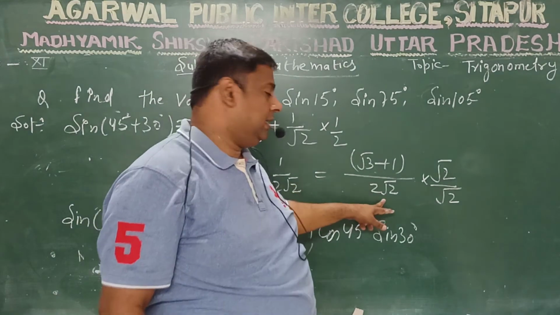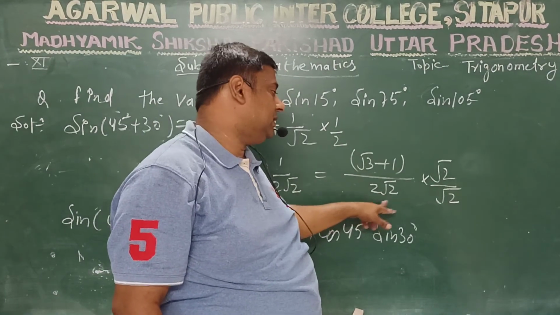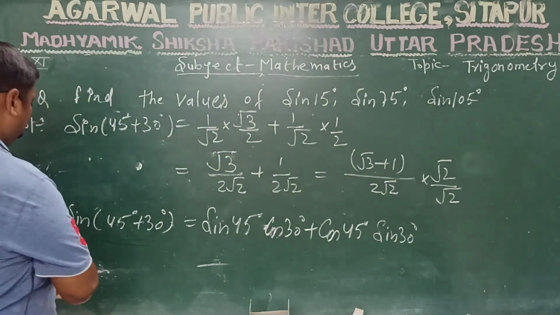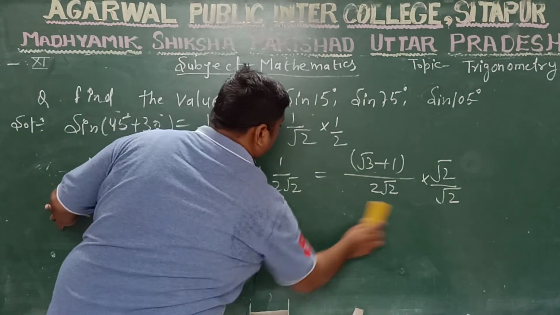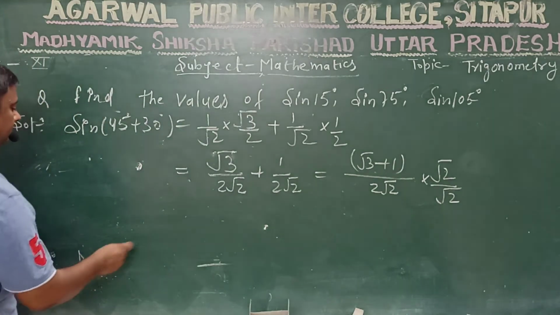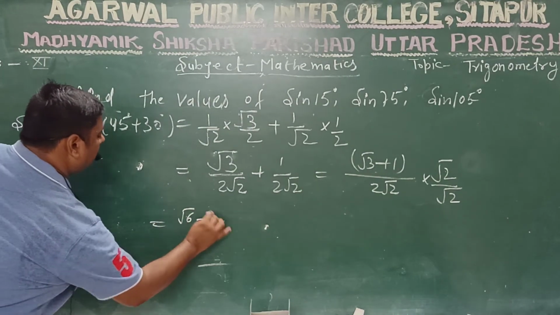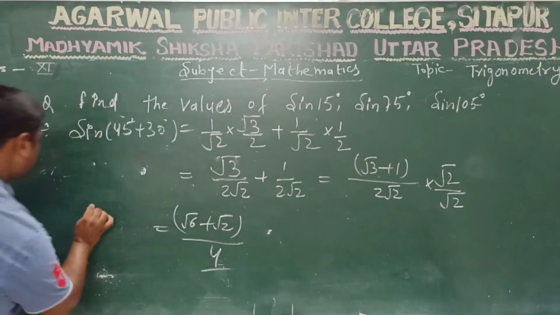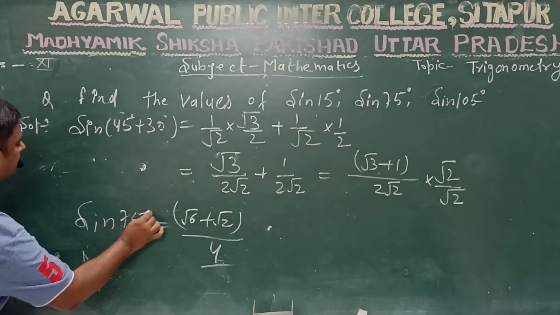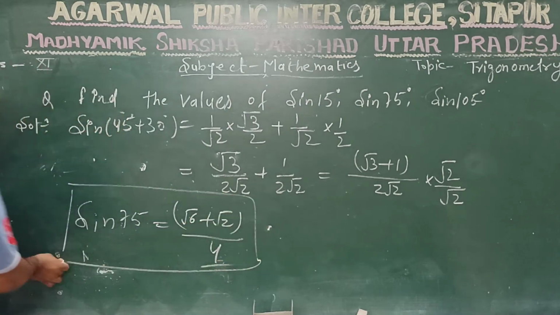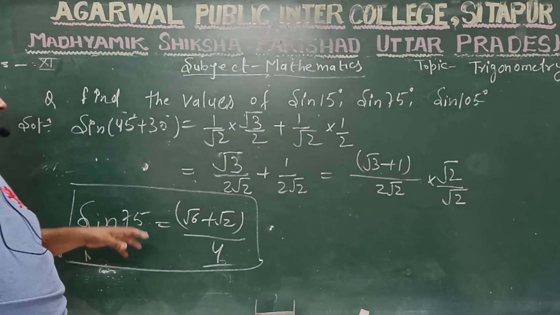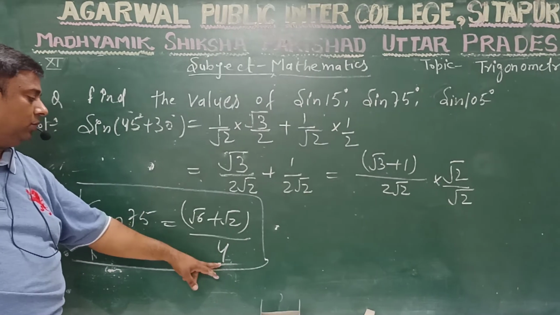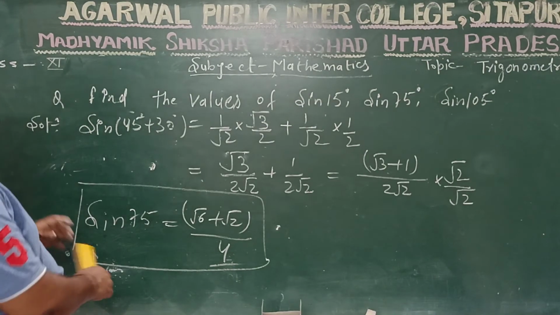Again, here is root 2 in the denominator, so we rationalize by root 2 by root 2. Root 6 plus root 2 upon 4. This is sin 75. Okay, my dear students, the value of sin 75 is root 6 plus root 2 by 4. Note this question and this solution.